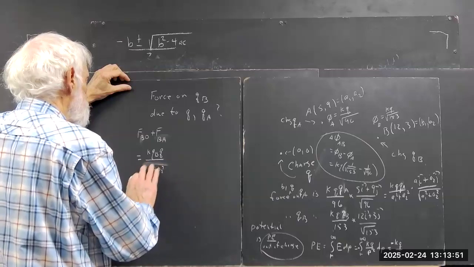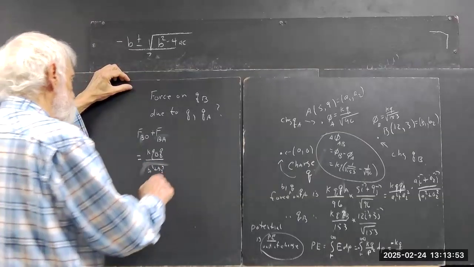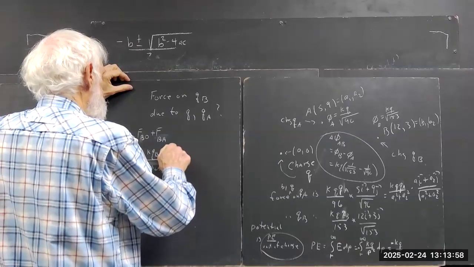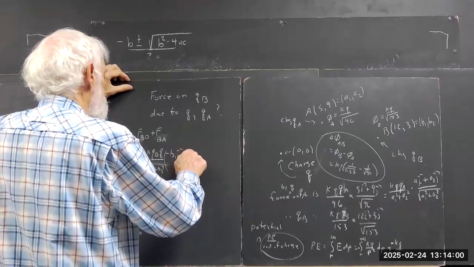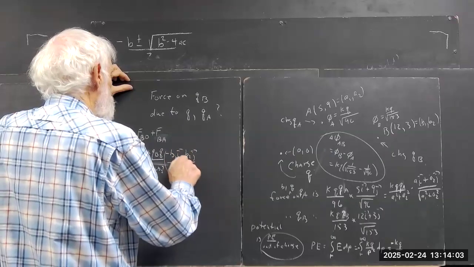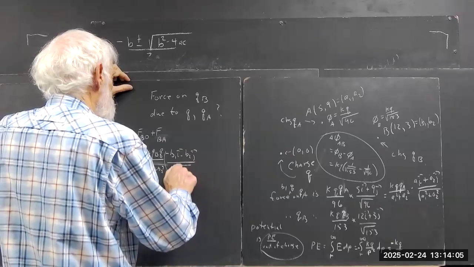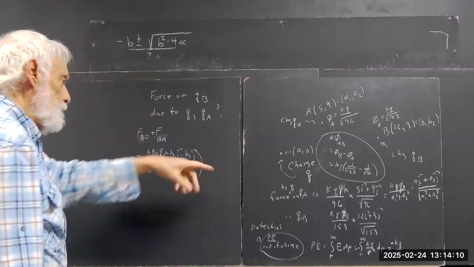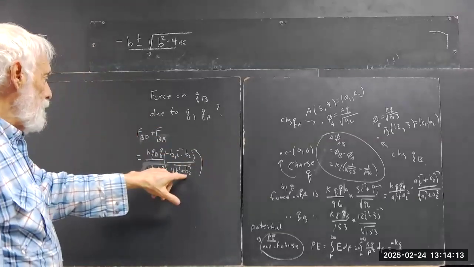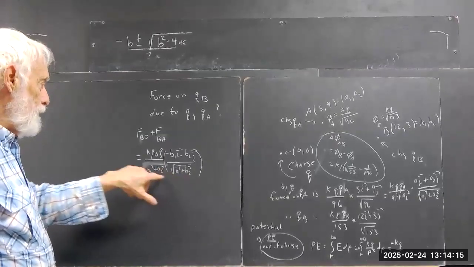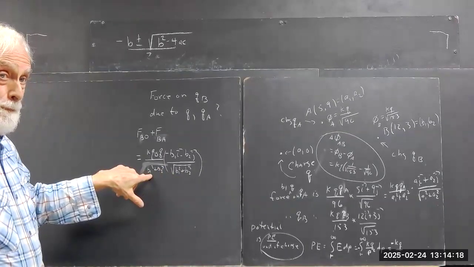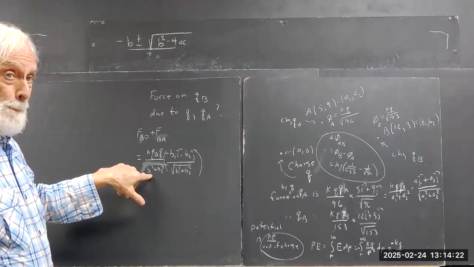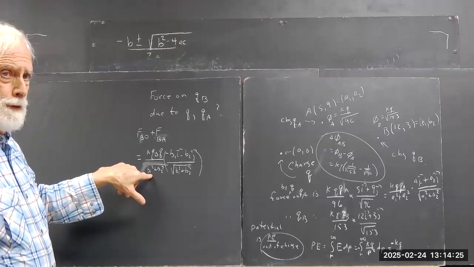And then it's times negative B1 i minus B2 j over the square root of B1 squared plus B2 squared. I was tempted to comment that this and this go together to give us a 3/2 power of B1 squared plus B2 squared.